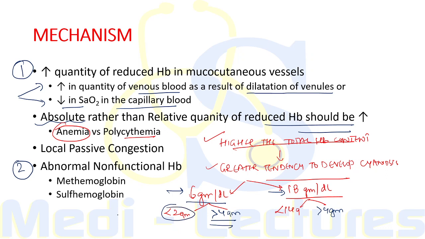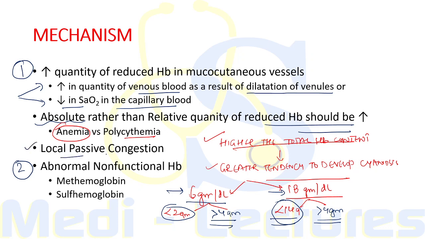This is fairly impossible. But a polycythemic patient can very well manage if the reduced hemoglobin is more than 4 gram since the oxygenated hemoglobin is still up to 14 grams. So higher the total hemoglobin content, greater is the tendency to develop cyanosis. Therefore, anemic patients rarely develop cyanosis while cyanosis is very common in polycythemia.